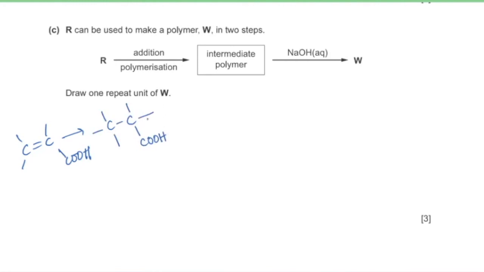And when this reacts with NaOH, because this is an acid and this is an alkali or a base, when a base reacts with acid, this forms a salt, COONa. So the repeat unit for W is going to be a C-C single bond and COONa, and 2 new sigma bonds with n over here. This is the repeat unit of W.